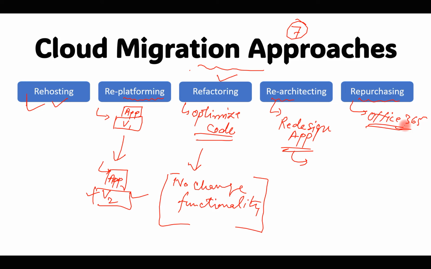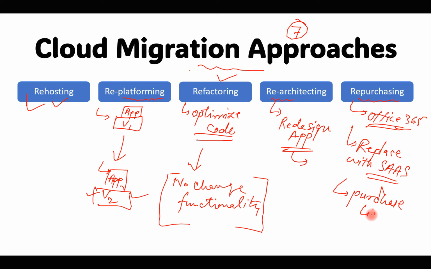But in this case, we are going to replace it with a SaaS application. That means software as a service application where we just need to purchase the license and directly we can use it, and we can remove our whole infrastructure related to this particular service, so we can save lots of money.